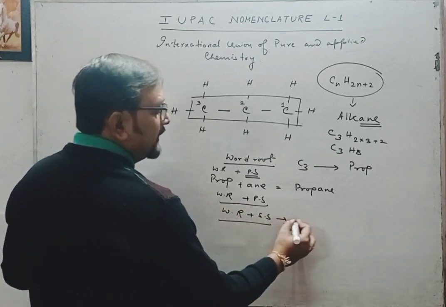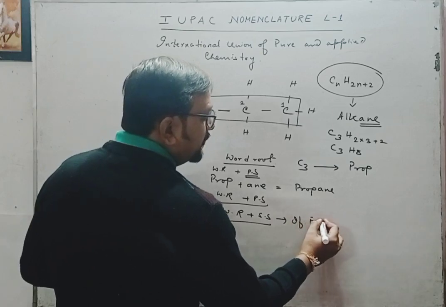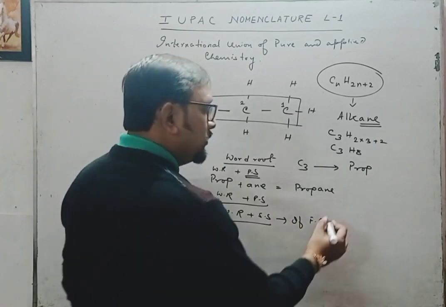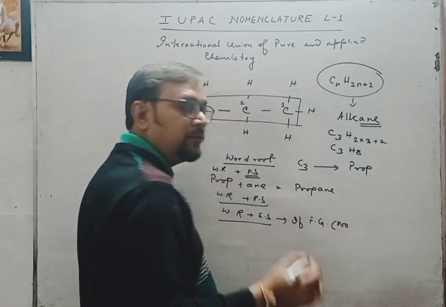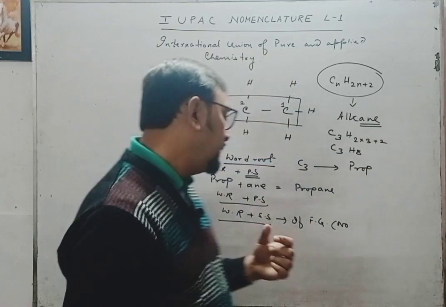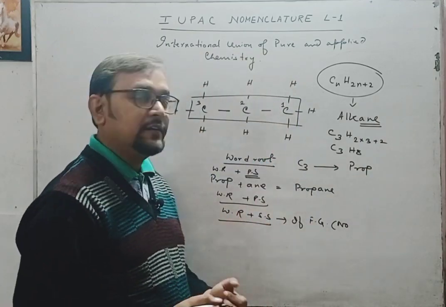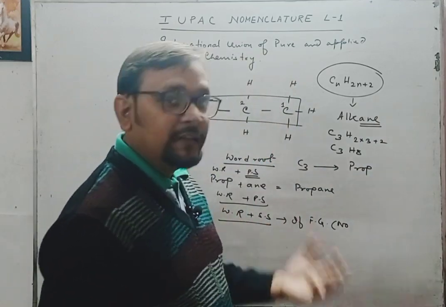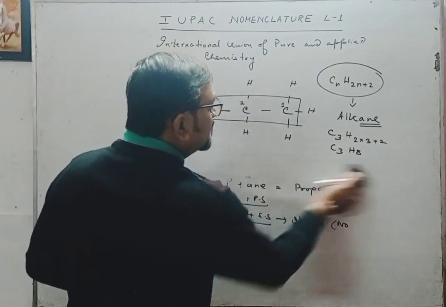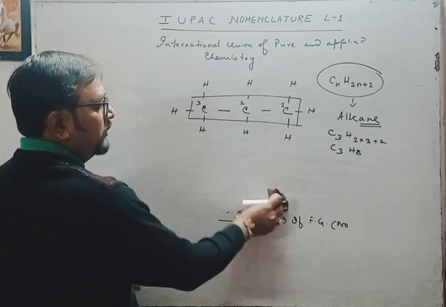If a functional group is given and no substituent is there, meaning the functional group is directly attached to the main chain, in that case also we can use word root plus secondary suffix. You will see with the example. We'll discuss. So this is the first thing I have shown you.